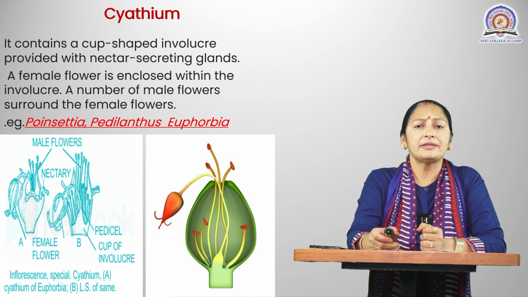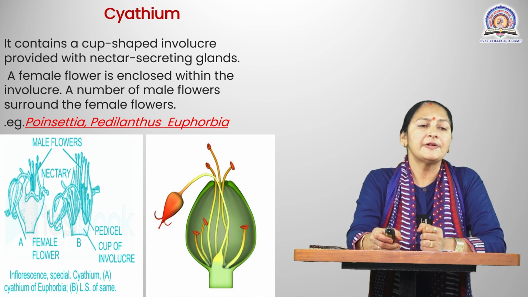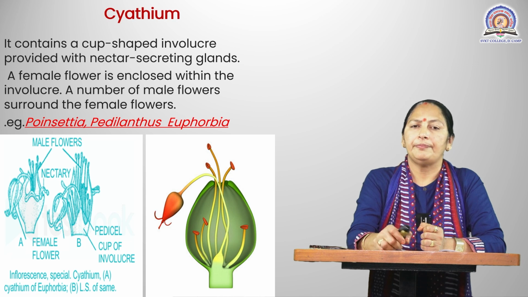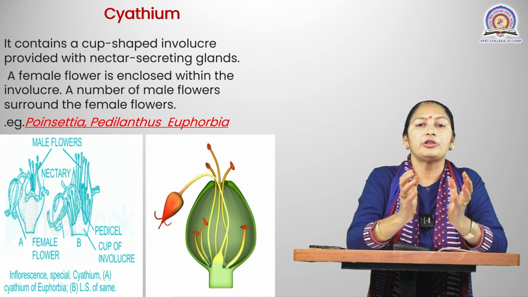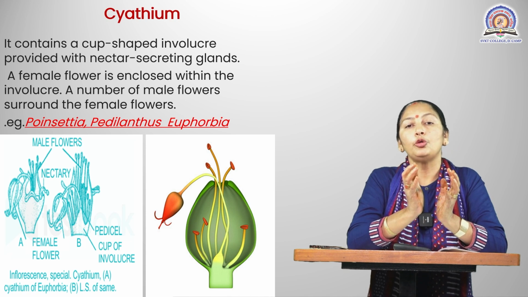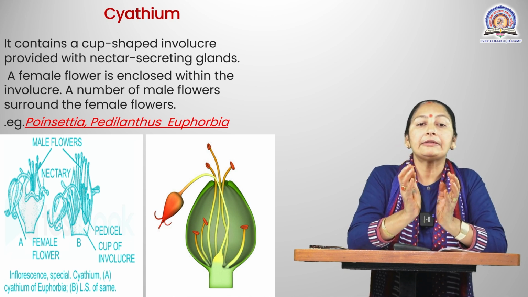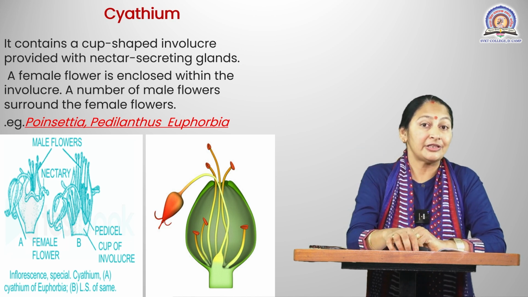What is the exact arrangement of the flowers? You have to see it with the diagram, one part of the cyathium at a time. First, it contains a cup shaped structure. The inflorescence, the floral arrangement, looks like a cup shaped involucre. It is provided with a nectar secreting gland. It is a different type.